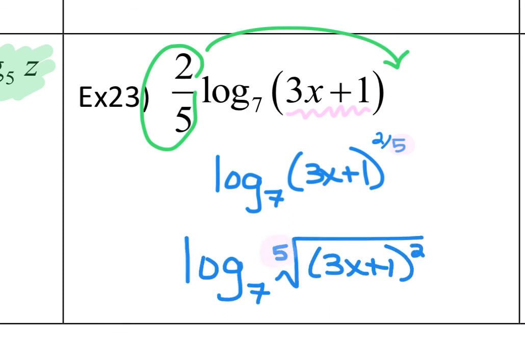The 5 in the denominator in the exponent becomes the 5 in the index of the radical, and the 2 in the numerator of the exponent stays an exponent that's a whole number exponent this time.